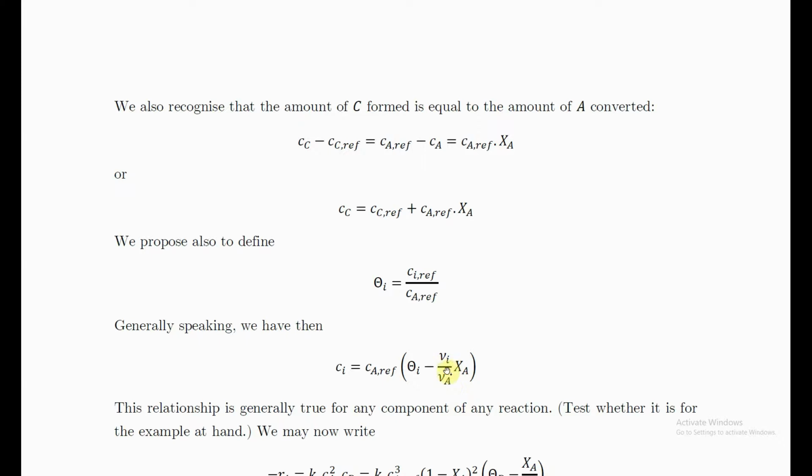Right, so plus 2 over minus 2 is minus 1, and then times minus is a plus 1. And so we can see plus 1 XA times CA ref, which is on the outside here.